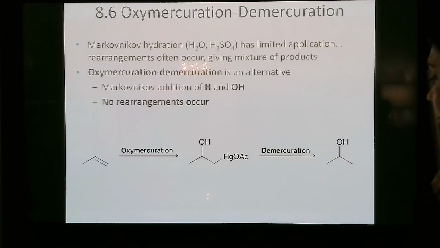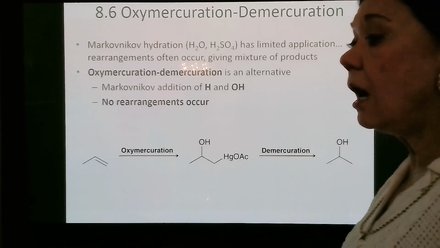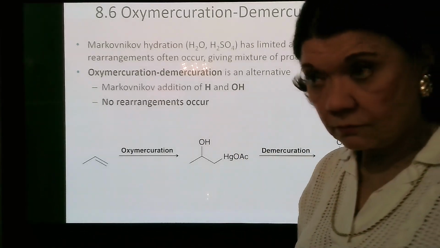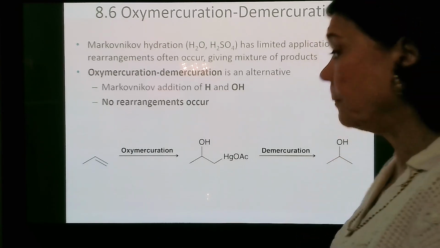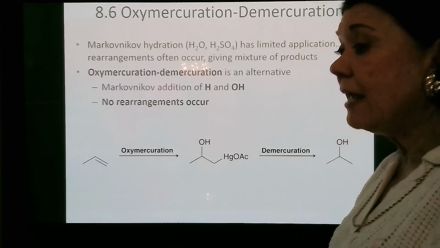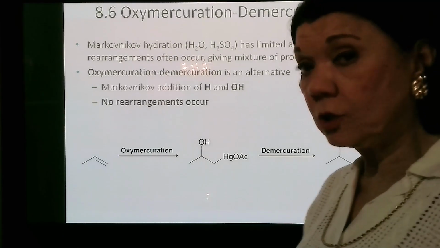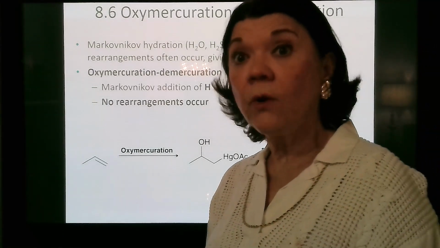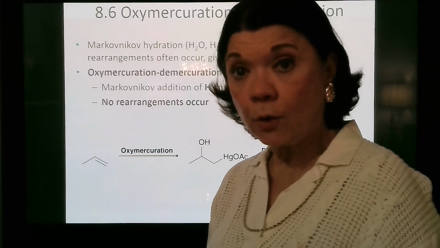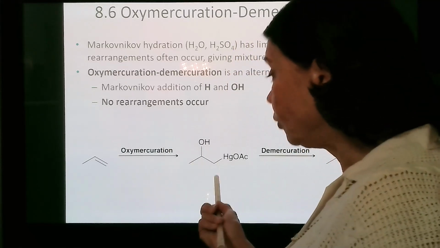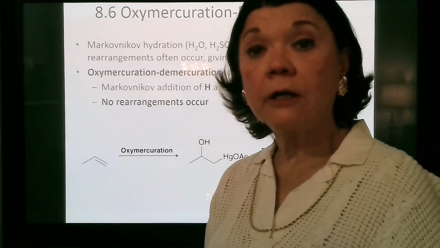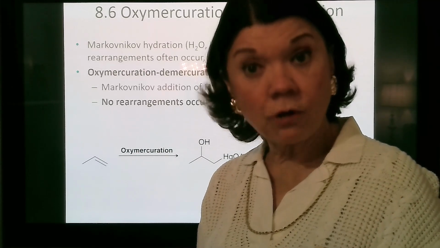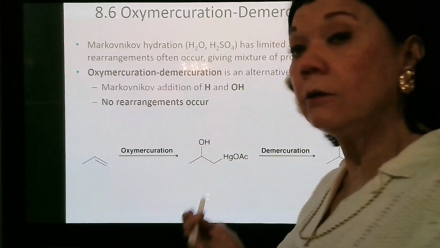This is the same product as you obtain in acid-catalyzed hydration. But the difference is the acid-catalyzed hydration goes through a truly free carbocation, and this does not. And that becomes important because the truly free carbocation can rearrange, and this will not.